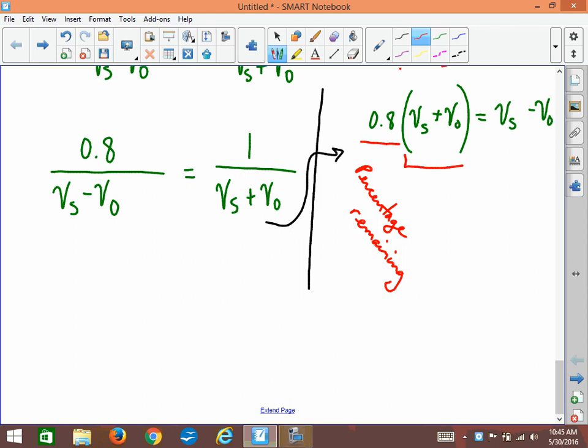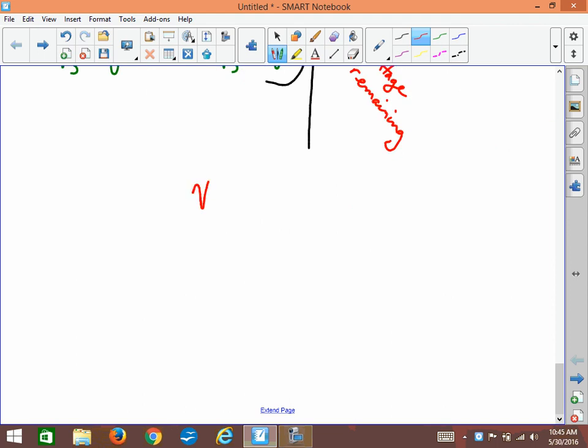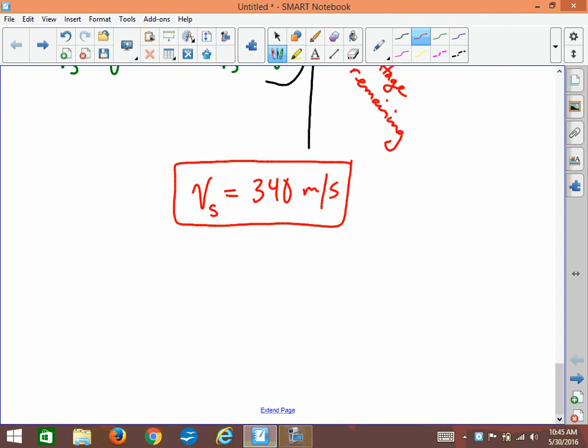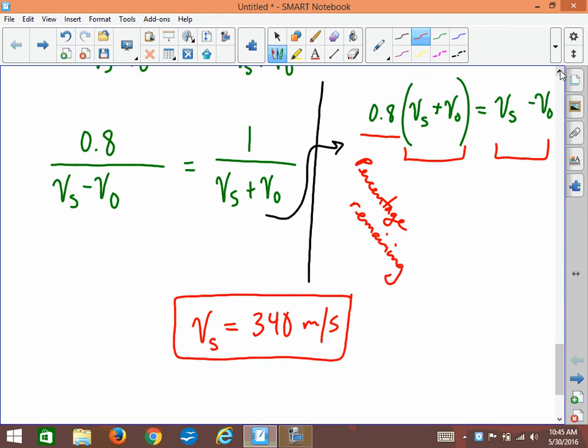And then we have these two terms, which are pretty straightforward. Don't forget, we know that the speed of sound in the air is 340 meters per second. So if we plug that into the equation, the only thing left is VO, which is the speed of the object.